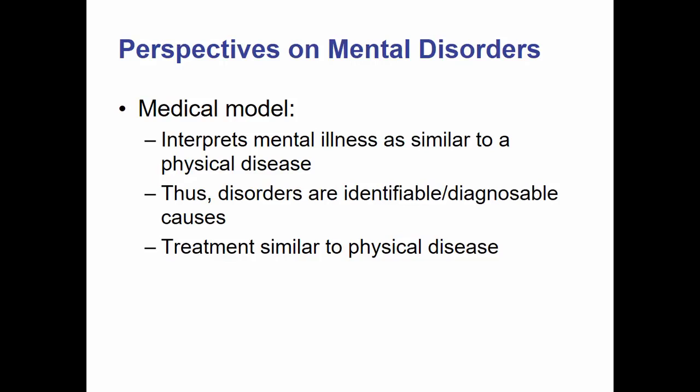Thus, disorders are identifiable and diagnosable, and you can say, absolutely, this is causing this. And you treat, through medical means, a psychological disorder just like you would treat a physical disease. And the major way to do that is by medication.